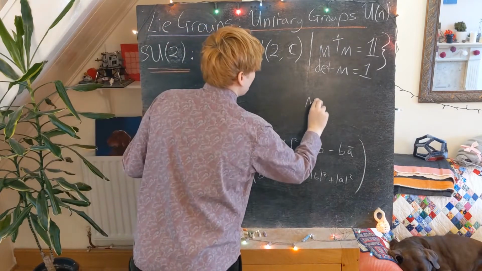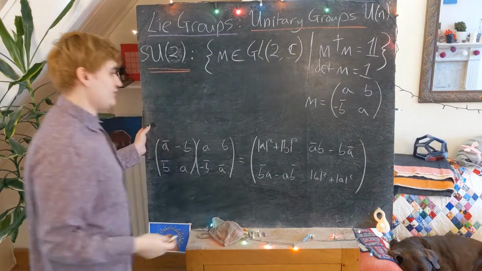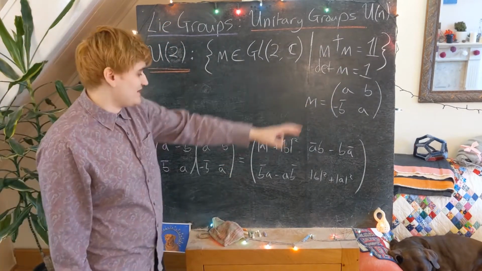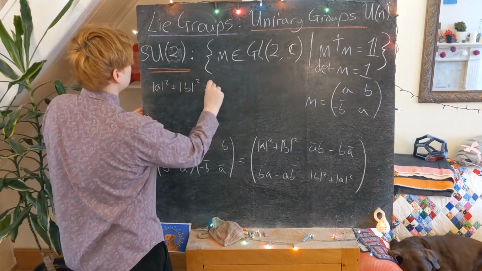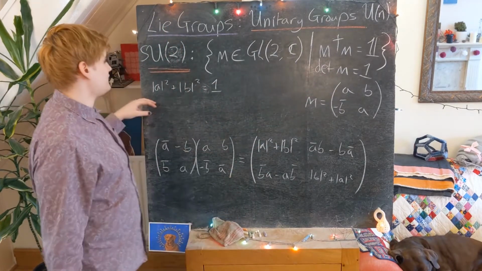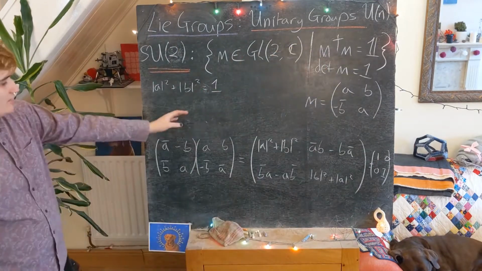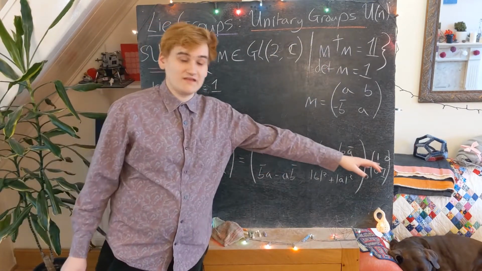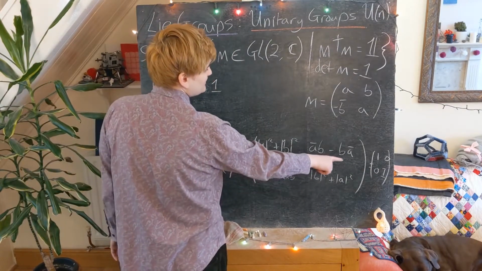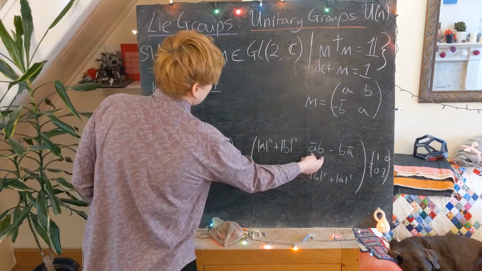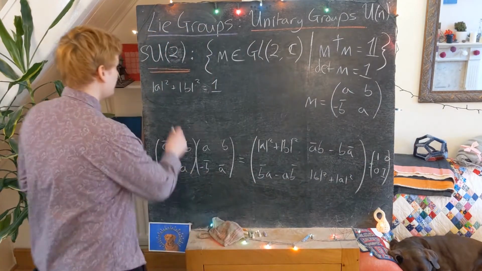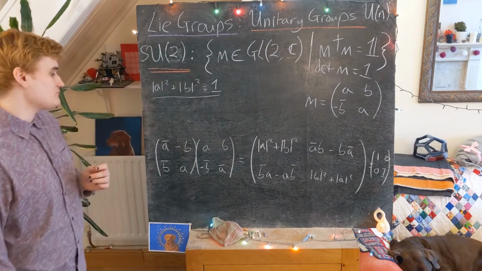So I'll remind you the matrix we were postulating was of the following form, and now we're checking this condition. So comparing against the identity, we can see that this term, mod A squared plus mod B squared, is going to have to be equal to 1 in the identity matrix. And then our off-diagonal components are going to have to be 0, which we can already see is true because this is just A bar B minus B A bar. And of course these numbers commute. And so this is okay. We just need to realise whether or not this condition is true.